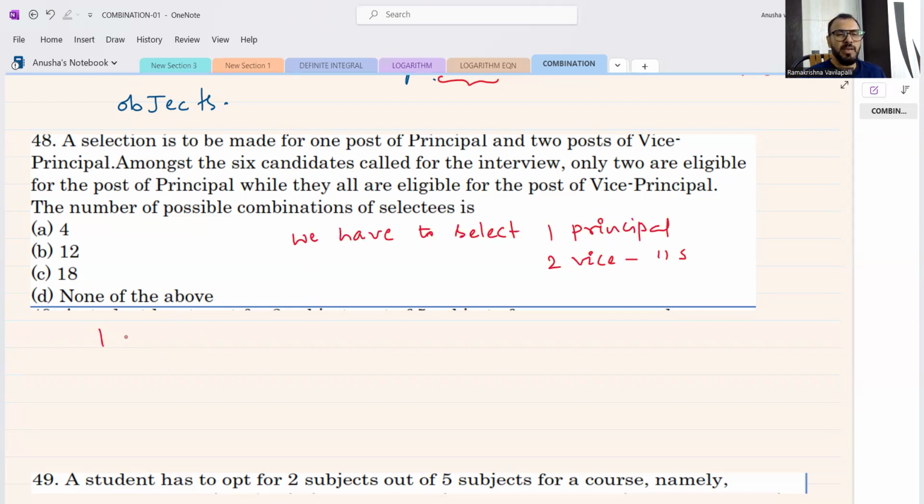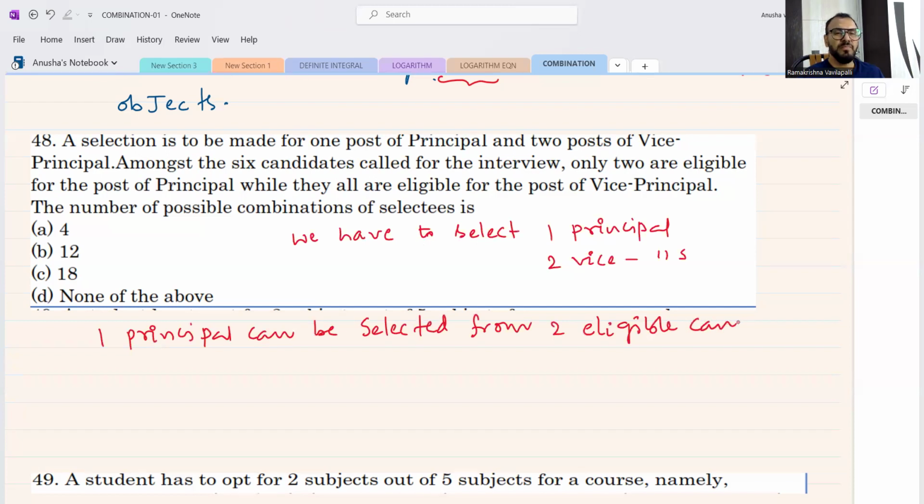So 1 principal can be selected from the two eligible candidates in 2C1 ways. Simply two ways.